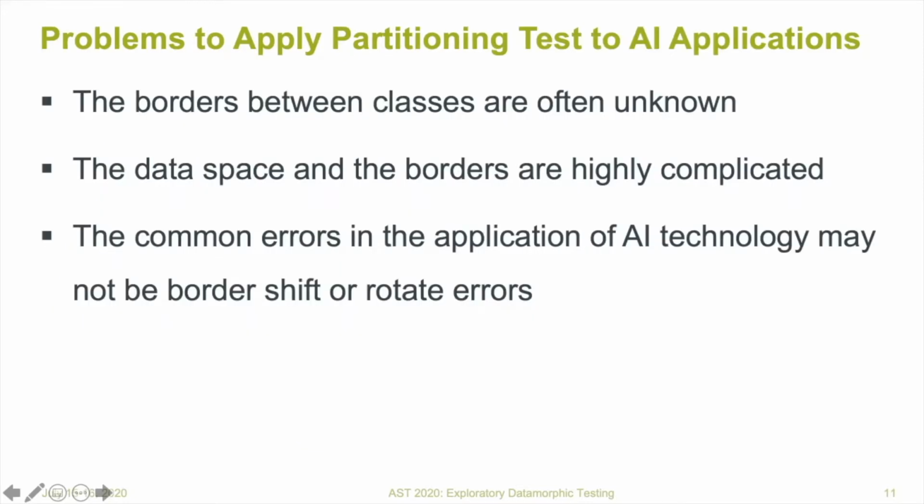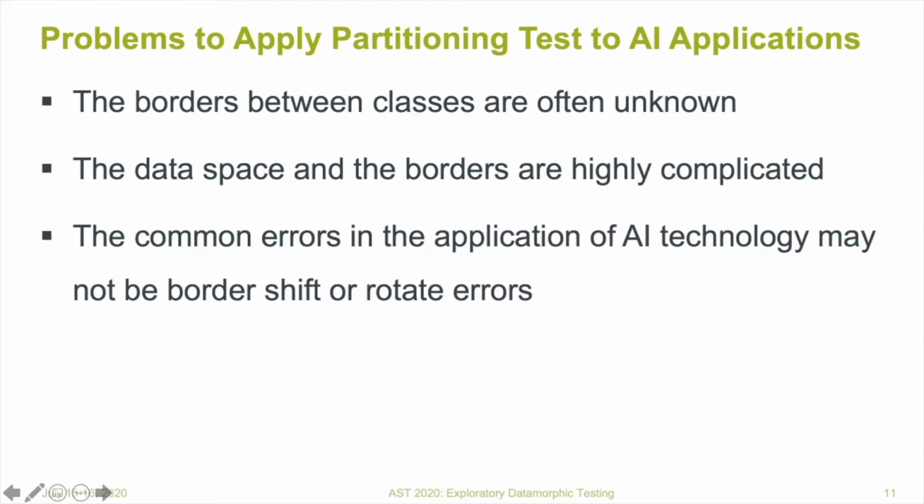However, this technique is not easily applied to AI-based applications because the borders between classes are often unknown. The data space and the borders are much more complicated than the traditional software.